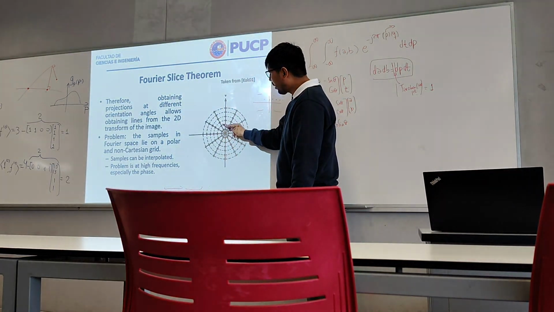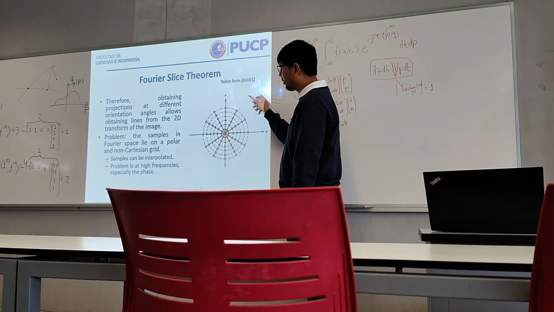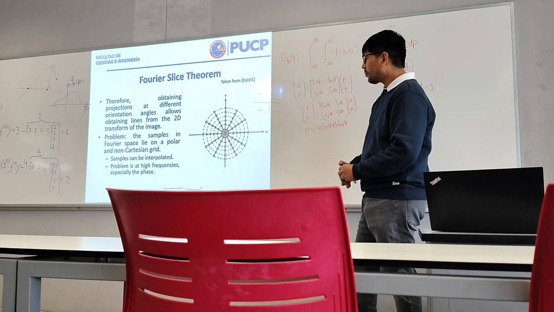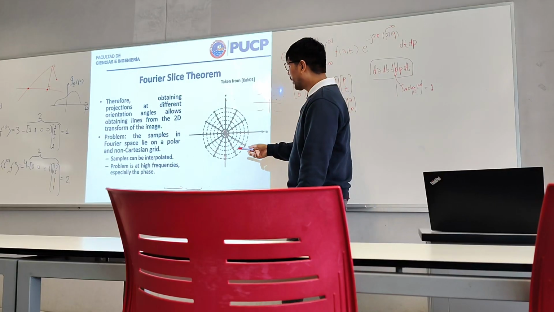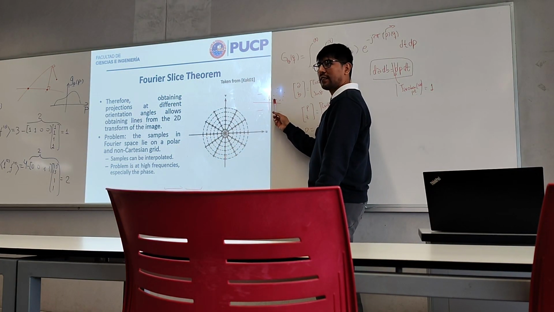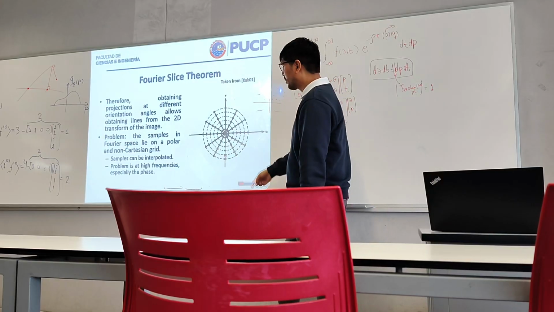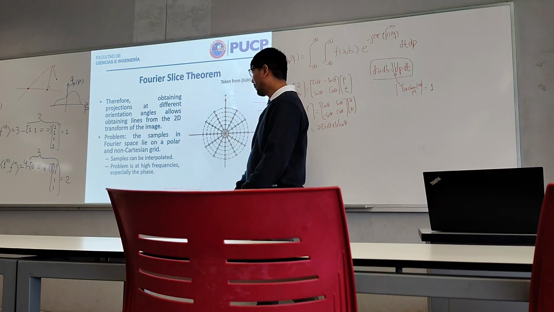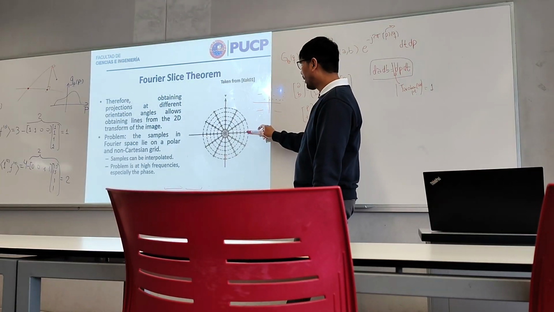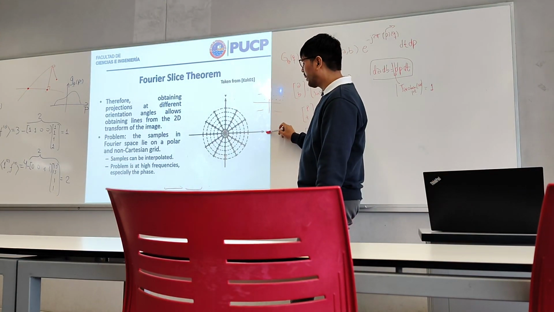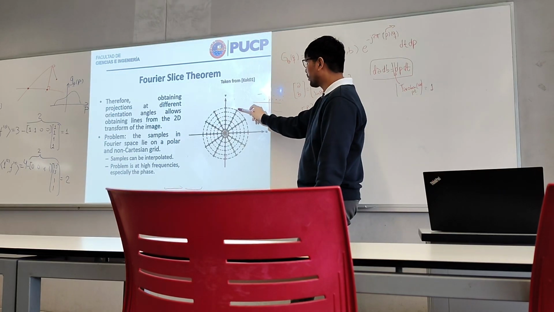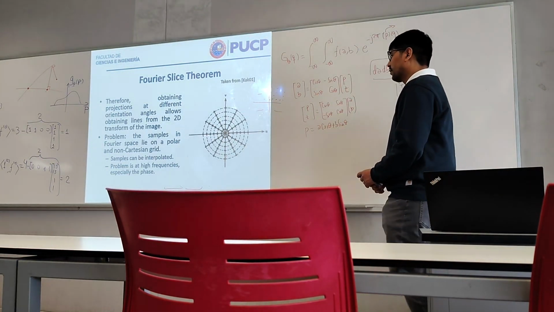Near the center there are a lot of samples, but outside, not too many samples. So we can try to interpolate from a polar to a Cartesian grid to obtain more samples in a grid. But one more time, for high frequency, large values of u v, there is not enough information, not enough samples.